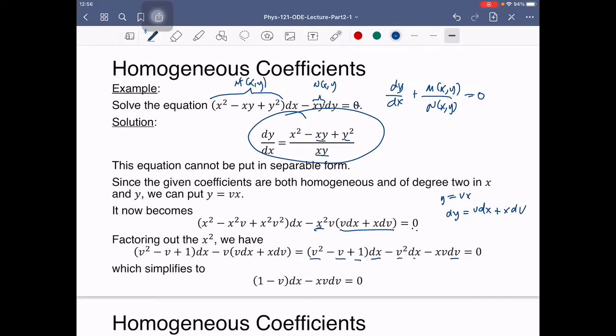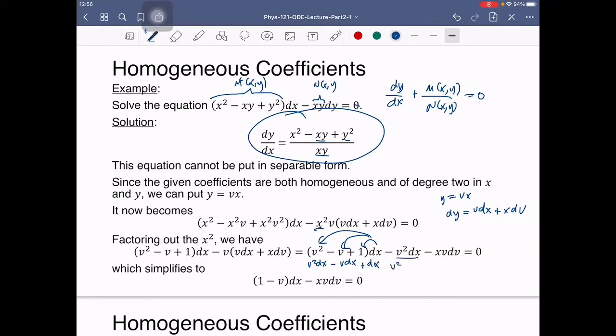Since lahat to ay, mapapansin nyo, may dx dito, may dx din dito. So, if we multiply dx with each term here, we can have an expression na v squared dx minus v dx plus dx. Okay? And then, continue lang natin.